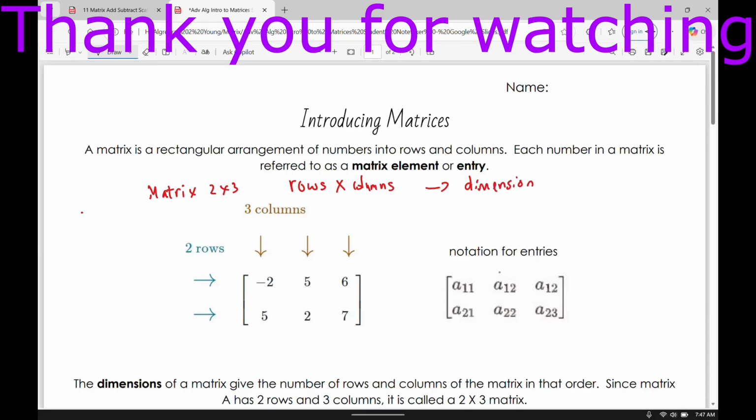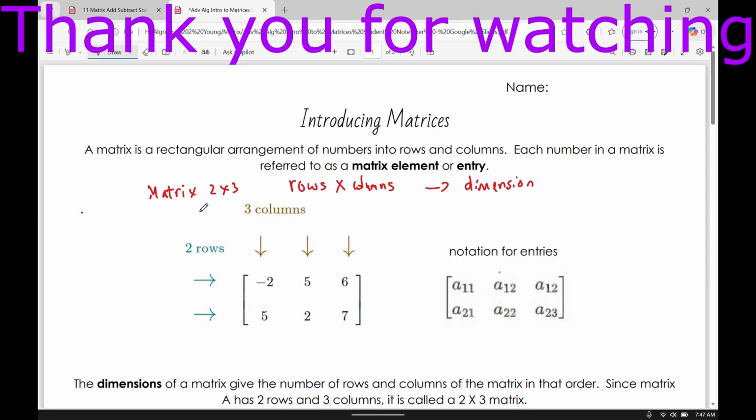If you mix up the row and columns, you cannot find the correct elements, you cannot find the correct data, and you cannot even multiply or add. So again, row, column. That's how we find the dimensions, or the size, of the matrix.